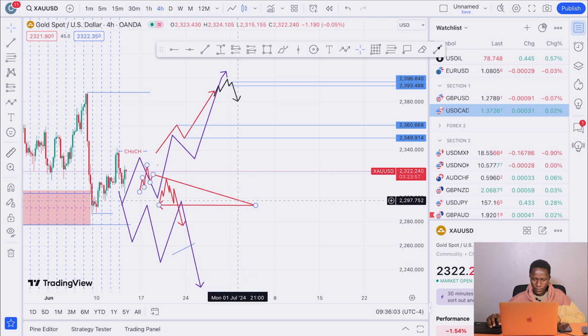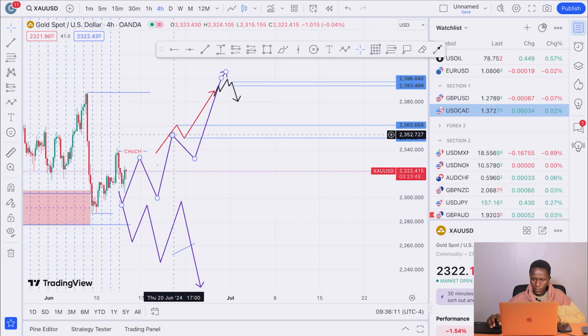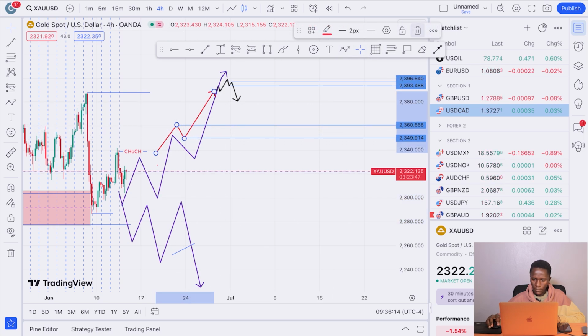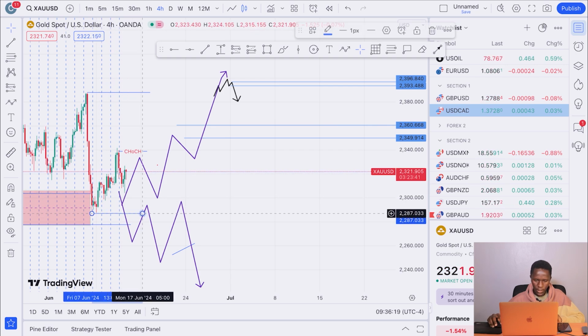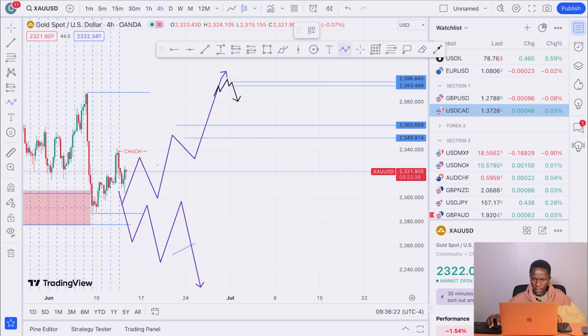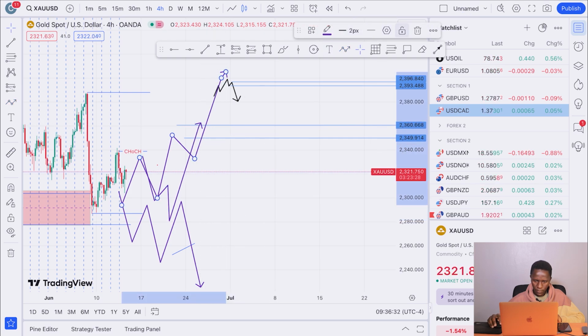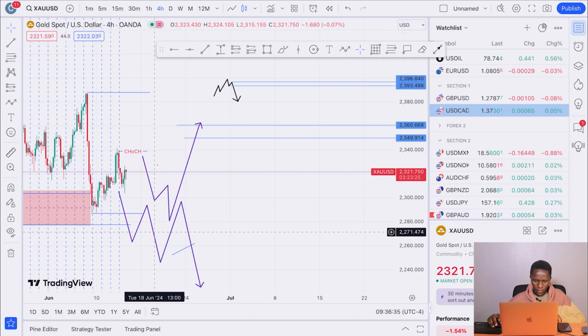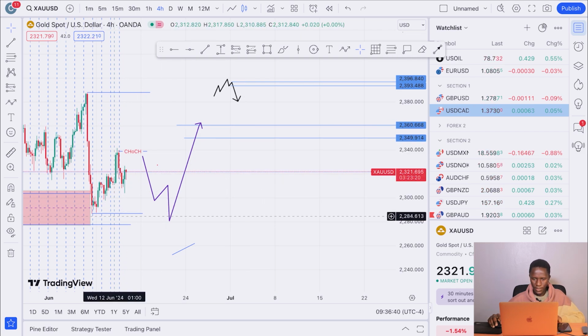In case it comes down and sweeps this, and then it comes higher, like this here, and then it goes up, here we will confirm our buys, like it would have changed the trend.